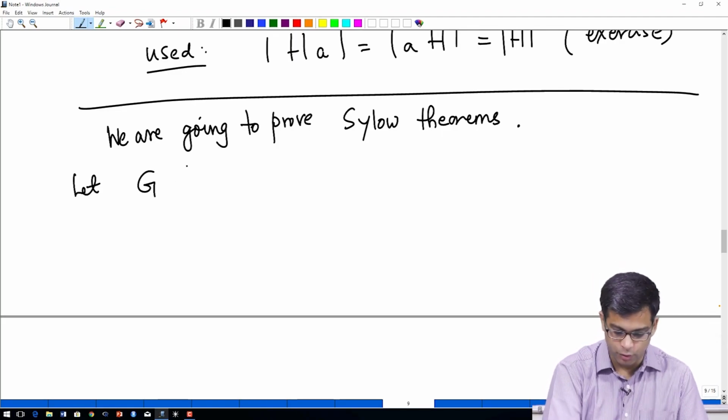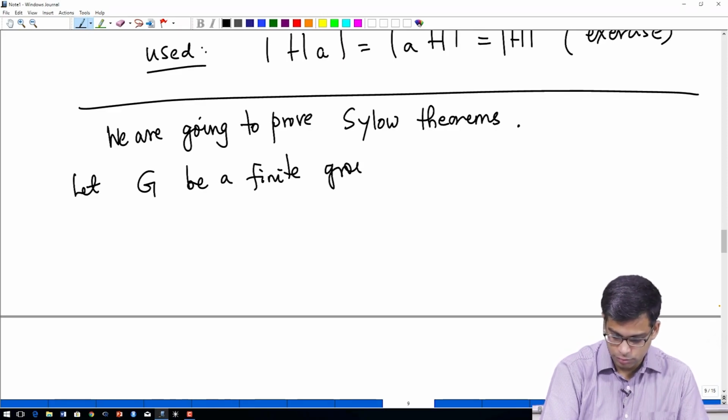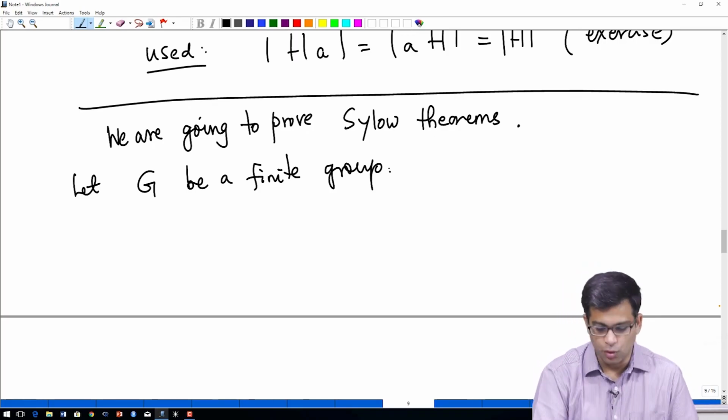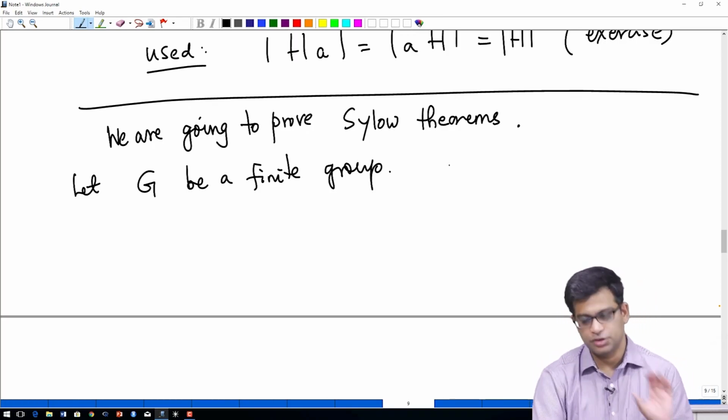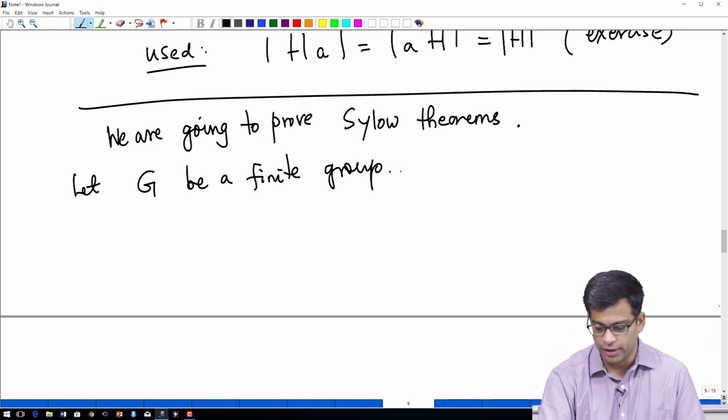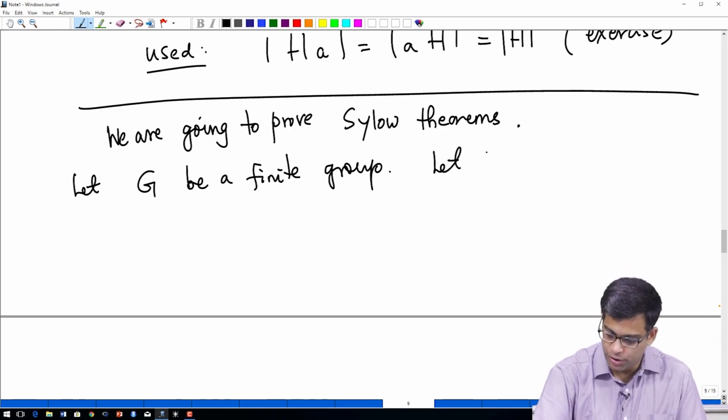So let G be a finite group. Sylow theorems are very important theorems to understand something about finite groups. So we understand this in the following way. So let P be a prime number.